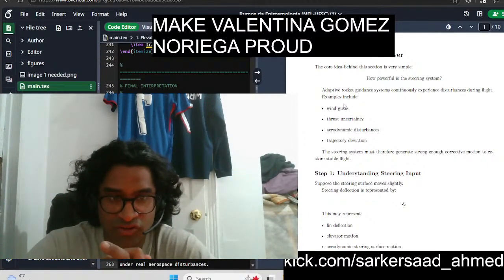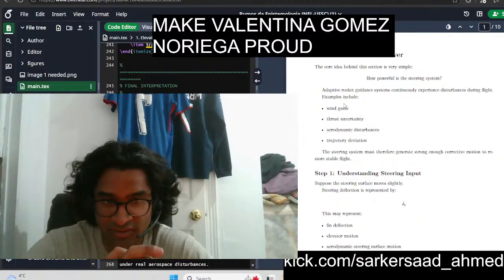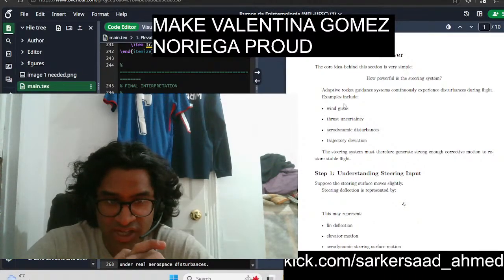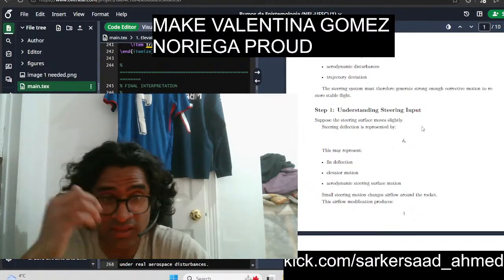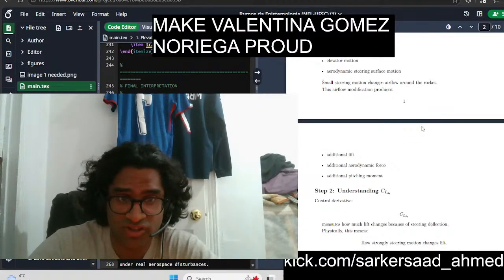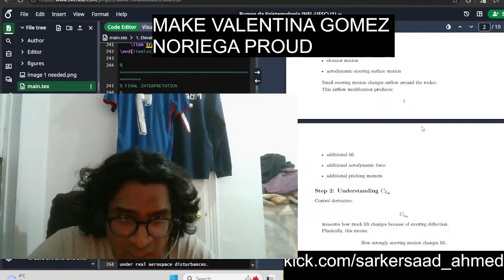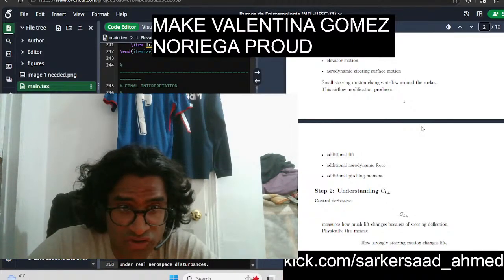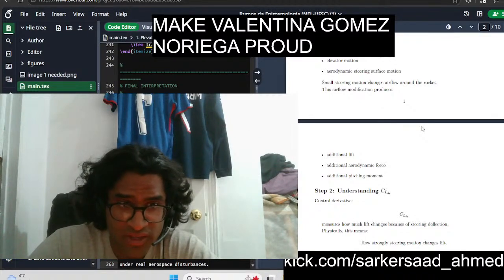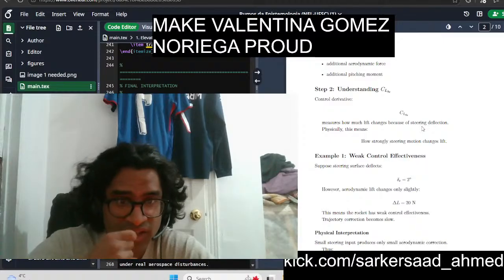The steering deflection is represented by delta E, which may represent fin deflection, elevator motion, or the aerodynamic steering surface. Small steering motion changes airflow around the rocket, and this airflow modification produces additional lift, additional aerodynamic force, and additional pitching moment. And the control derivative C L delta E measures how much lift changes because of steering deflection, meaning how strongly steering motion changes lift.